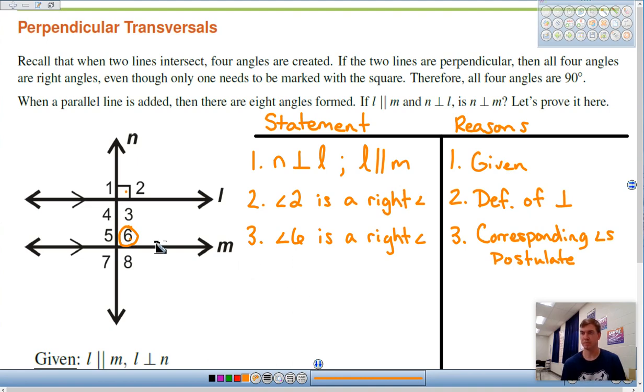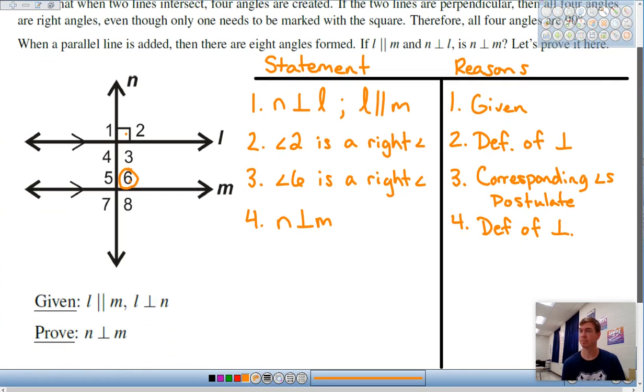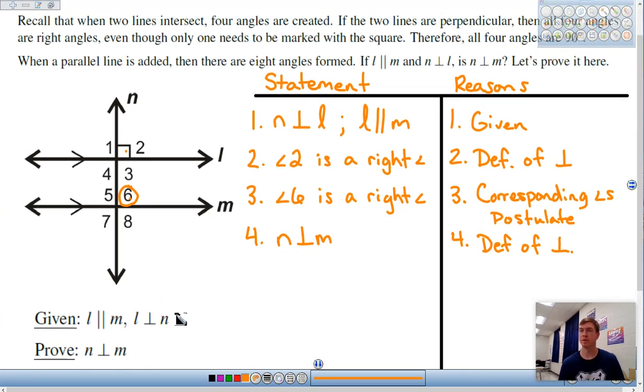And if 6 is a right angle, then that would mean that lines N and M are perpendicular. That's the definition of perpendicular. I think I made that a little shorter than maybe it needs to be, but that was my given information, and there is my conclusion there.